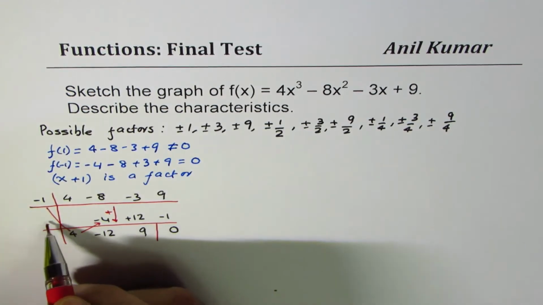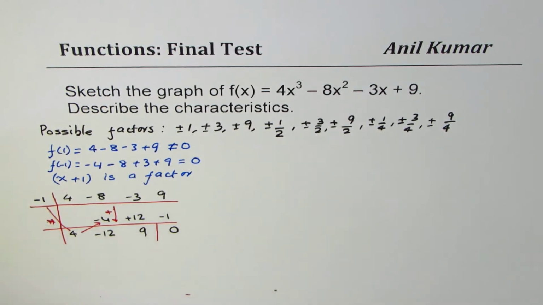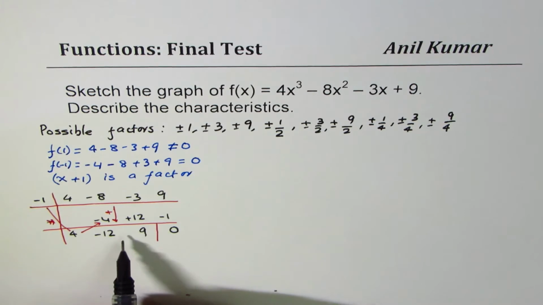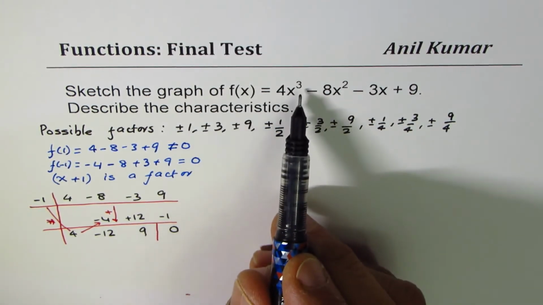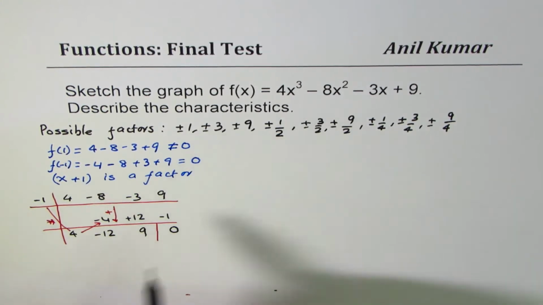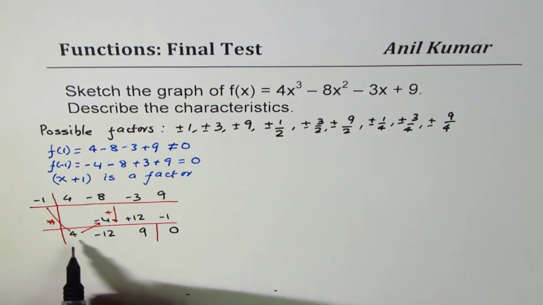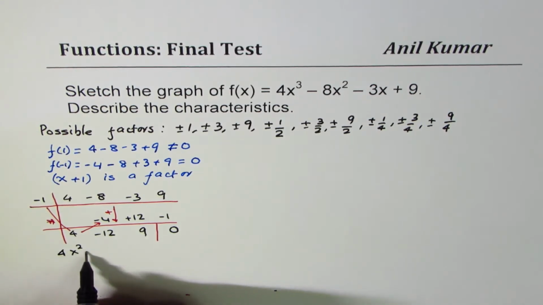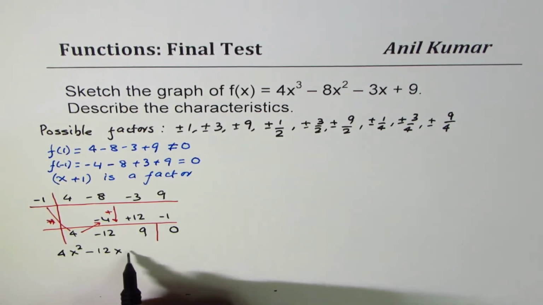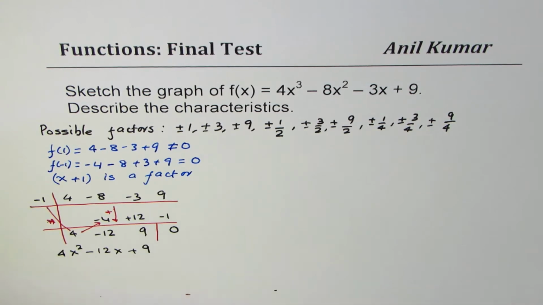So this is times, right? Now what you get is the quotient. Of course, that has to be of degree 2. You are dividing a cubic function by a linear function, right? So we can write down the coefficients of this function as 4x squared minus 12x plus 9.